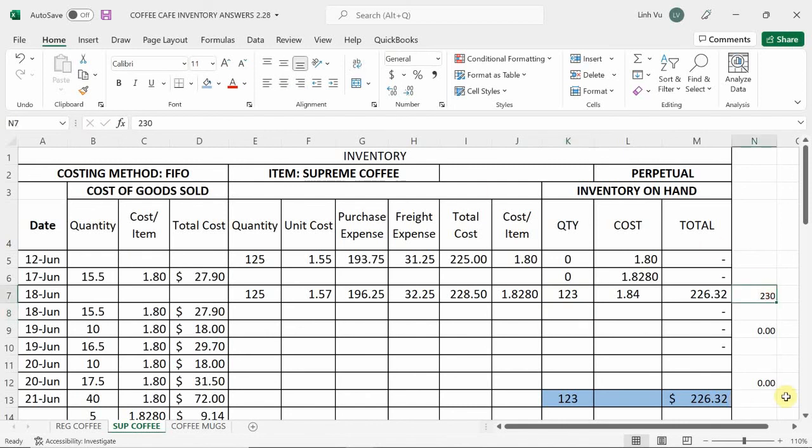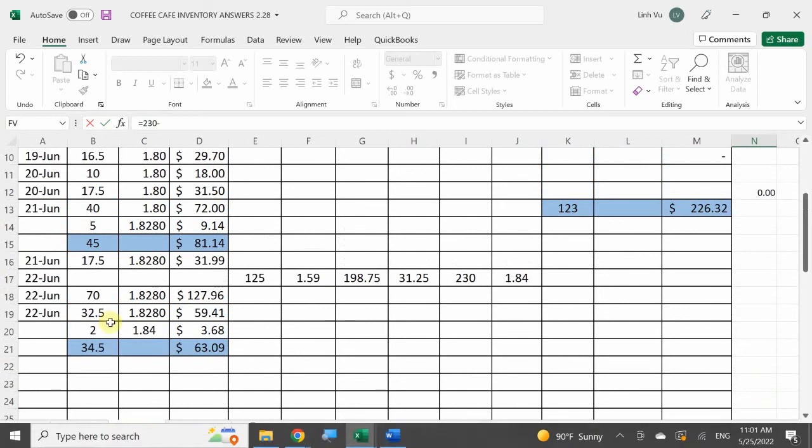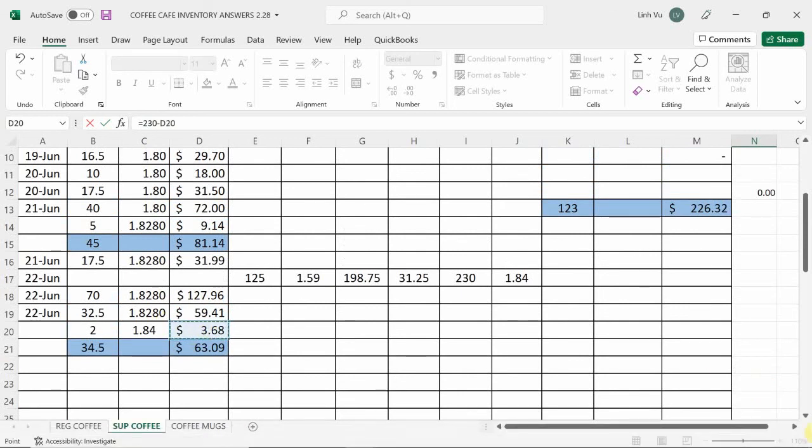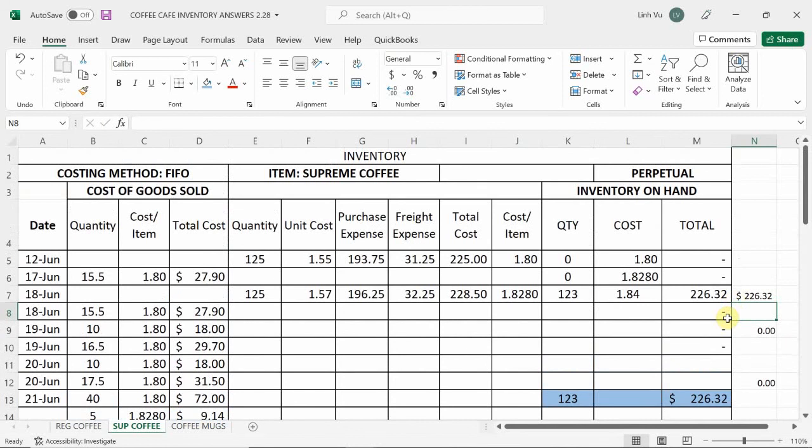Is that correct? If I started out with $230 minus the $3.68, I should be left with $226.32. Yes, that's correct.